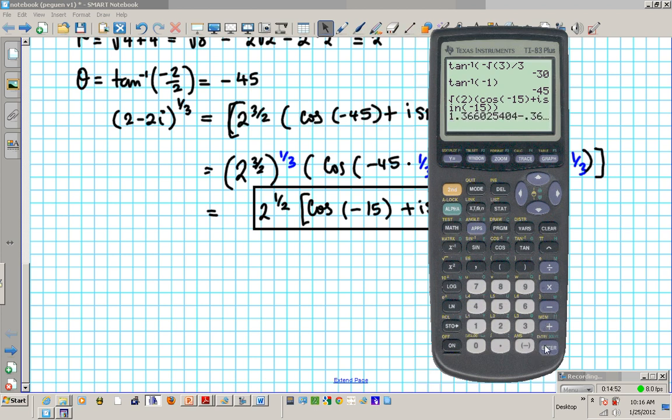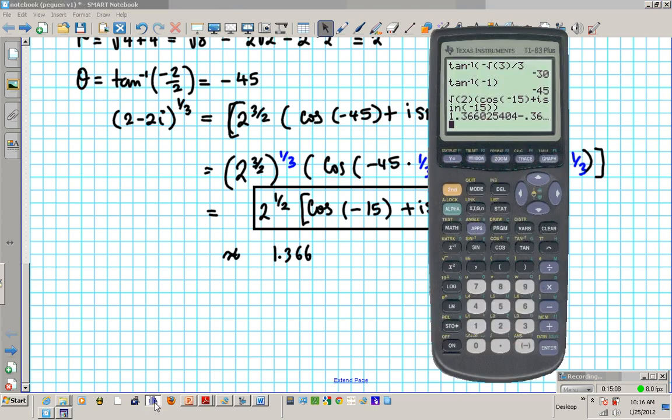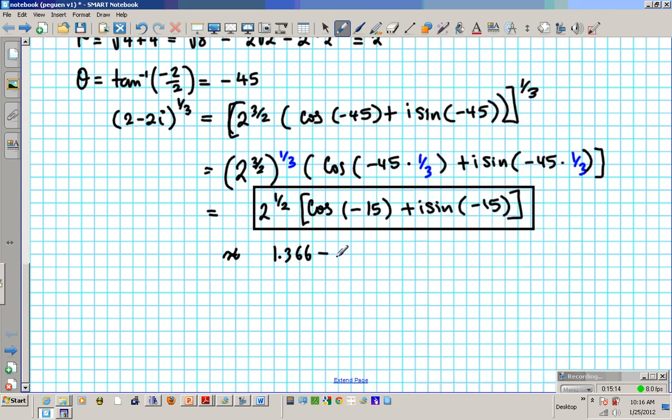It's going to be 1.366 and 0.366, so it's approximately 1.366 minus 0.366i. So this is polar, and this is rectangular.